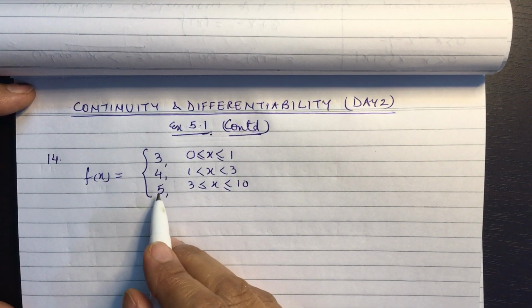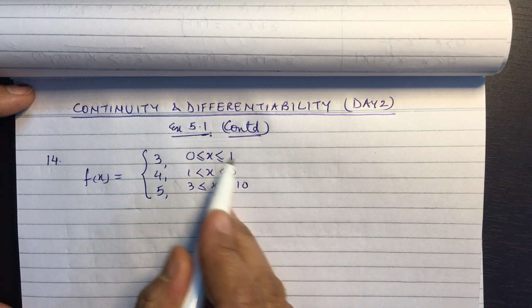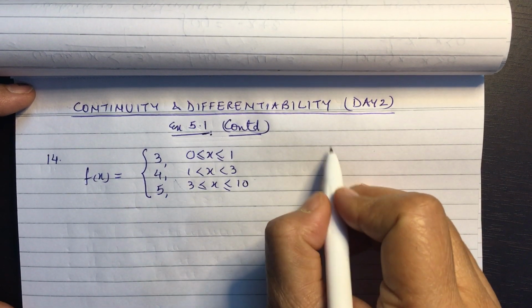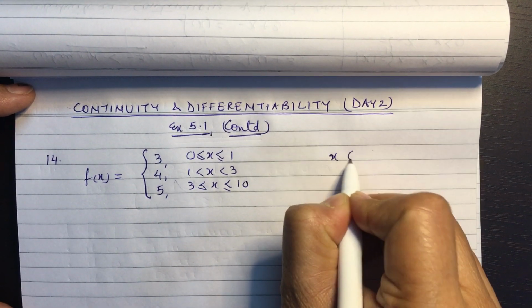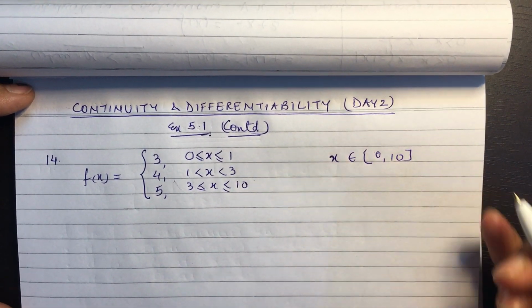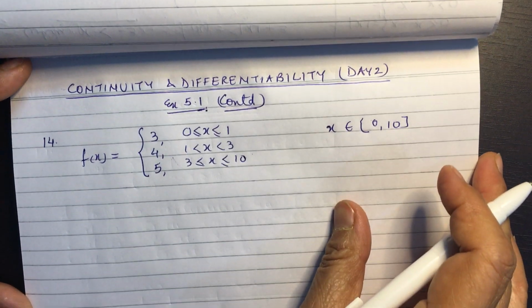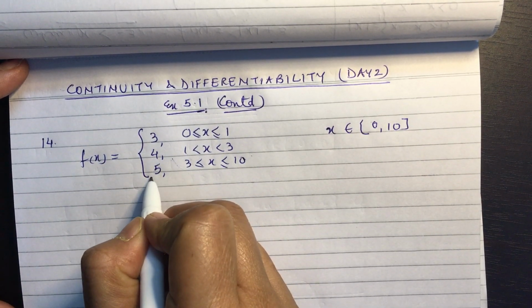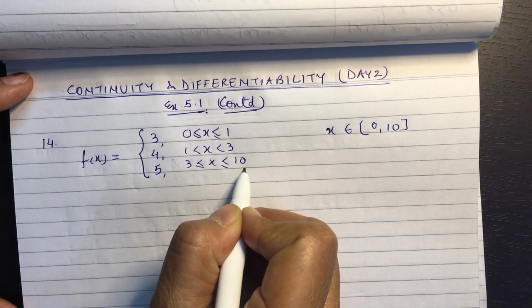Now here clearly the function is defined in a closed interval [0, 10]. And now we'll just quickly do a recap of how we decide continuity in a closed interval.